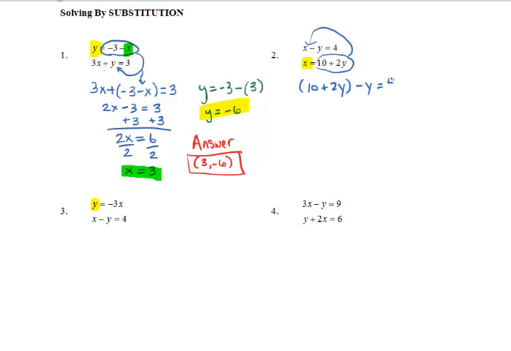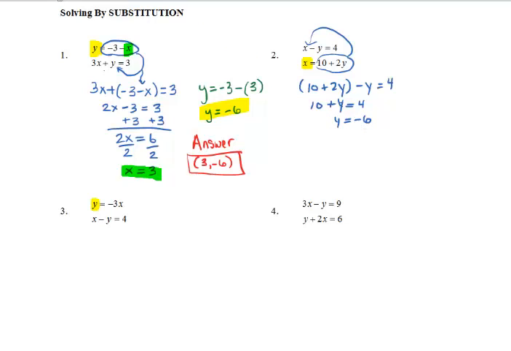And again, now I have one equation with only one variable. So I'm going to simplify and solve. And y is going to equal negative 6.